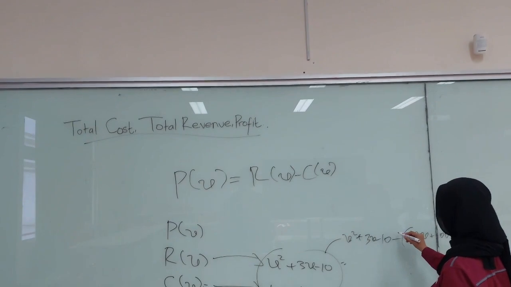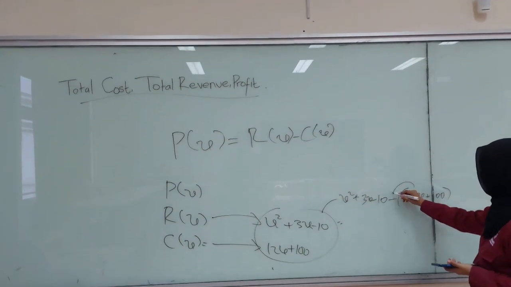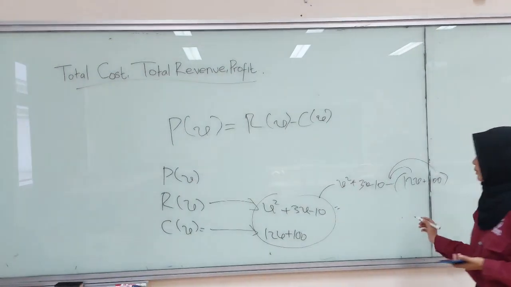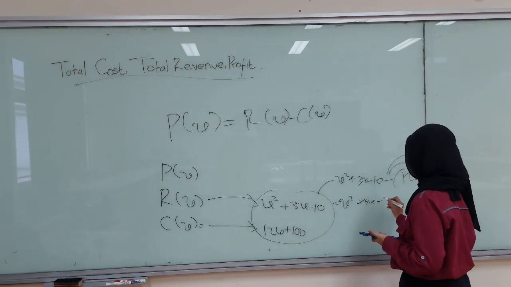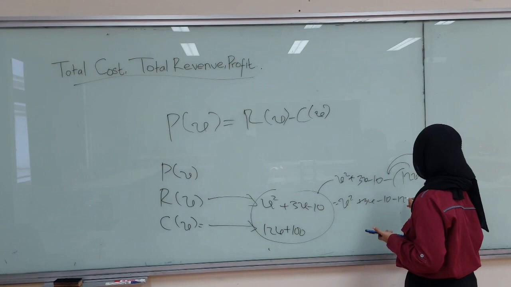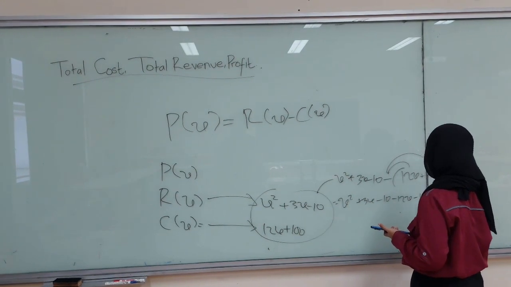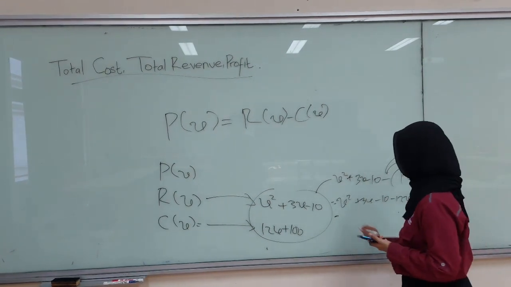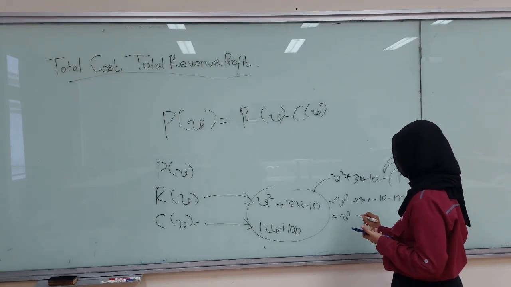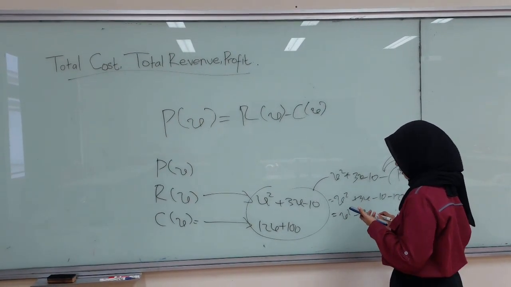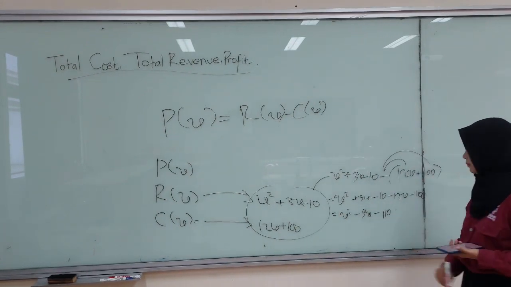We can calculate the minus with 12x and 100. We get x power 2 plus 3x minus 10 minus 12x minus 100. So here we get x power 2 minus 9x minus 110.